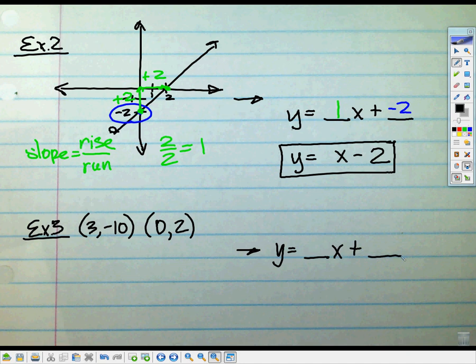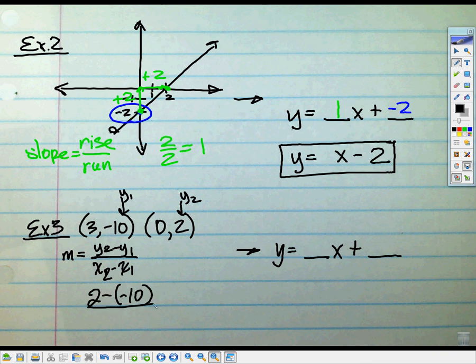So to find the slope, a reminder from last chapter, we have that m equals y2 minus y1 over x2 minus x1. So if we pick out our y values, here's a y value, here's a y value, we'll call this one y2, we'll call this y1. We are going to put in y2 as 2 and take away from it y1, which is -10.